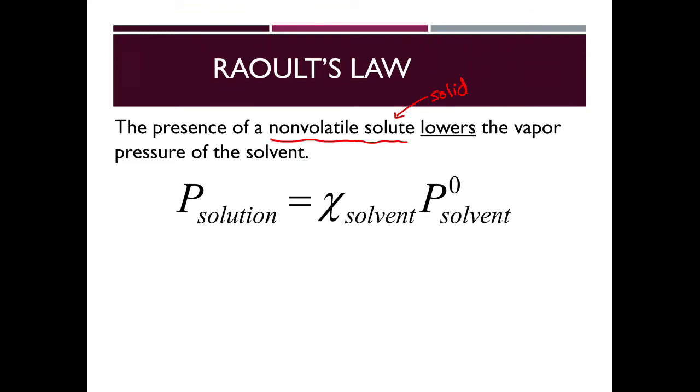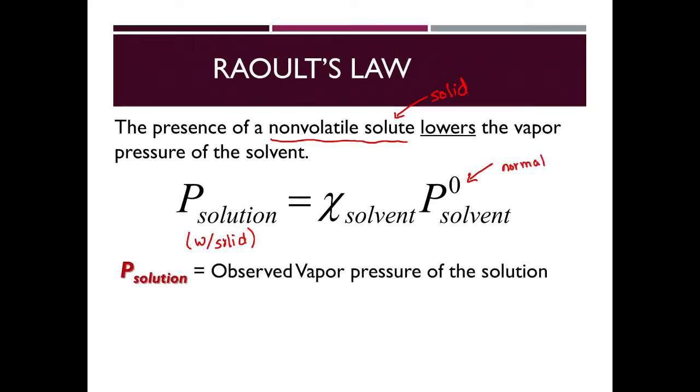The way that we calculate this is the pressure of our solution, with the solid added, will be the mole fraction of your solvent times the normal vapor pressure of your solvent. P naught, that's P0, is the typical vapor pressure. So P of your solution is the observed vapor pressure of the solution, again with the solid in there.